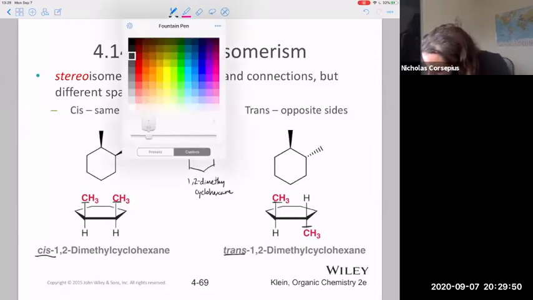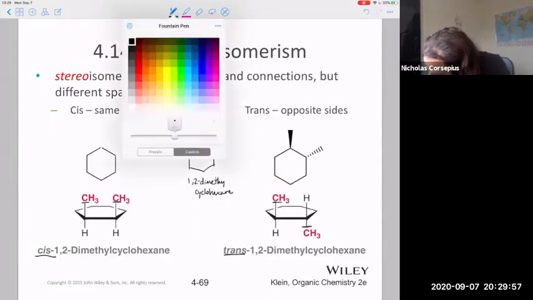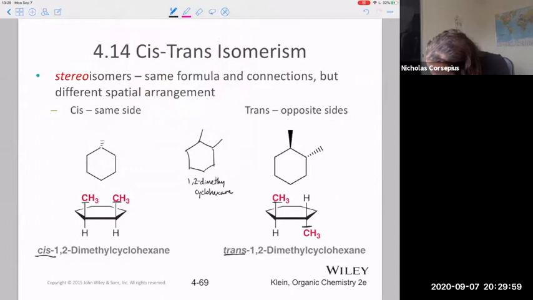Notice that if both of these, instead of being wedges, were both dashes, that's also a cis isomer. Okay? So again, our bond line structures aren't quite enough, but our wedge and dash structures can be used to represent stereoisomers.